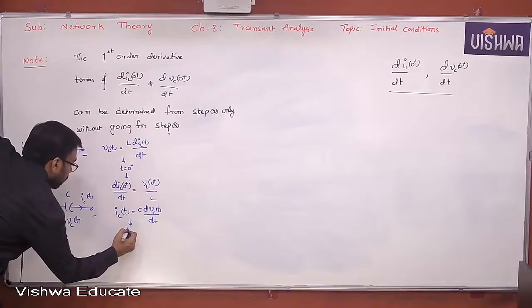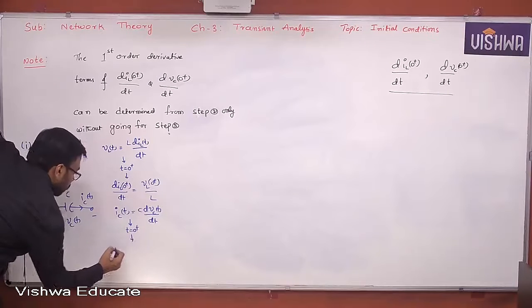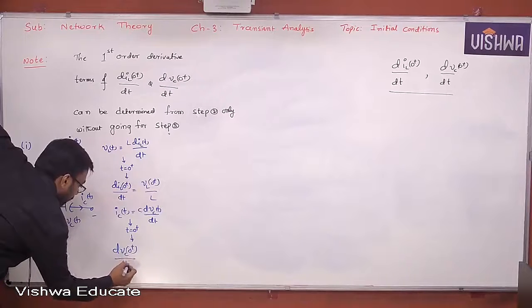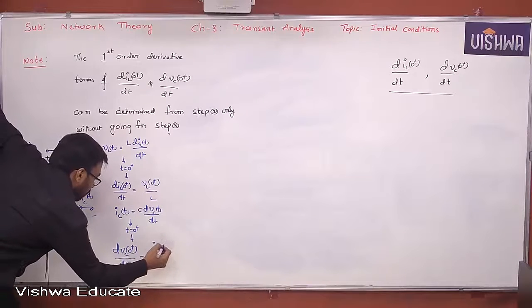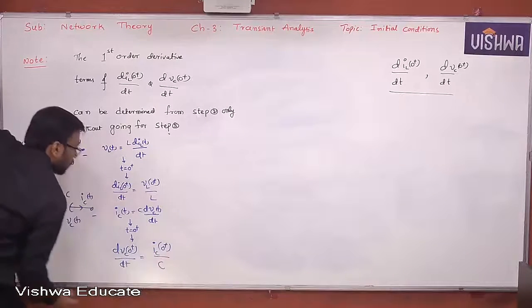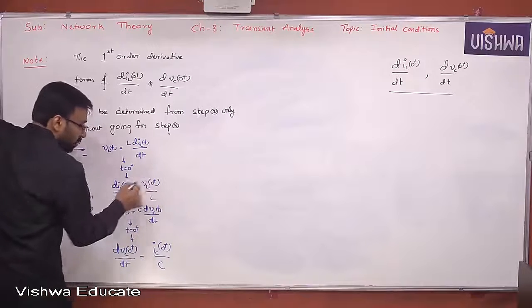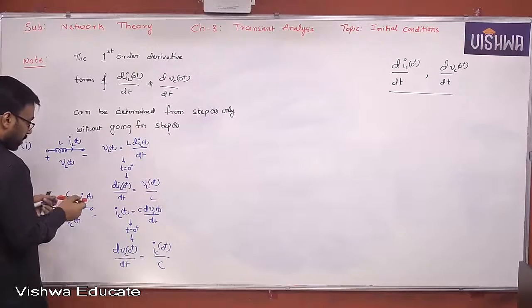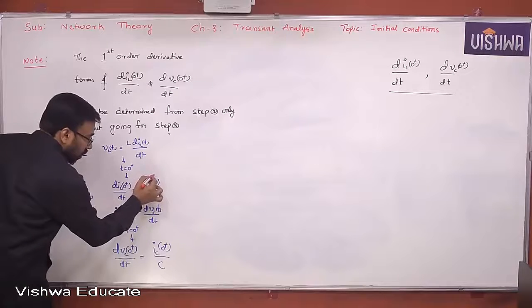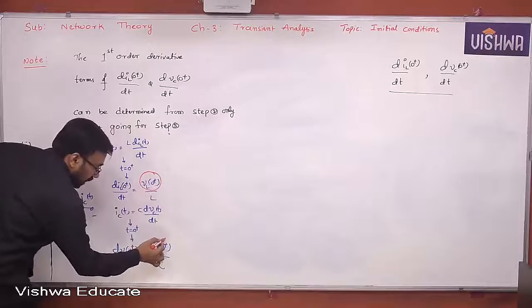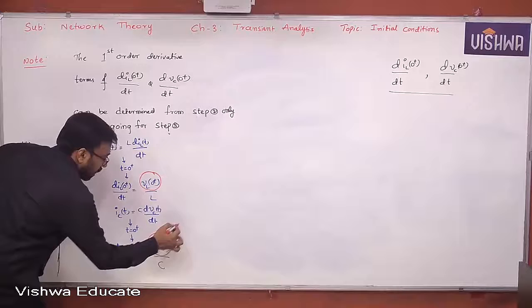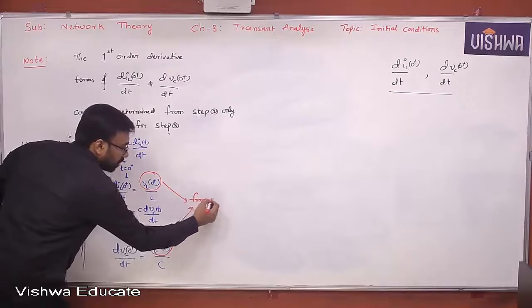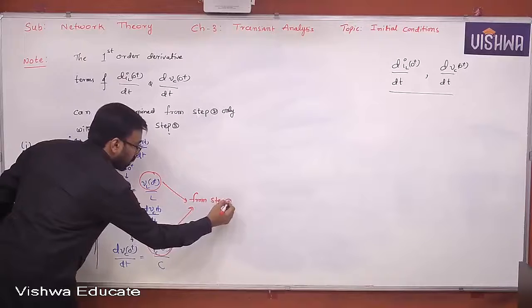From this, with t equal to 0 plus conditions, you will get dVc of 0 plus by dt will be nothing but Ic of 0 plus by C. So it's very clear from these two expressions that this particular one and this particular one can be determined from step 2 only.